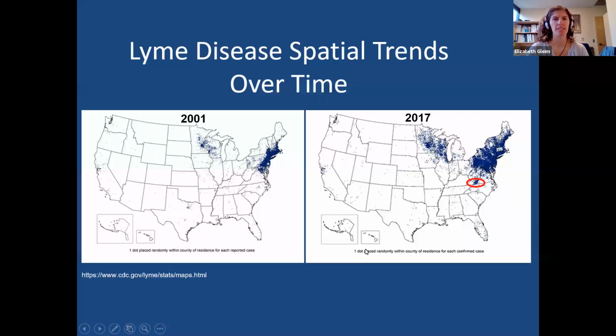You can see in 2001 here that there were very few cases here in Virginia. But by 2017, we're beginning to see more and more cases, particularly along the western portion of the state, with this unusual hotspot forming here in southwestern Virginia.